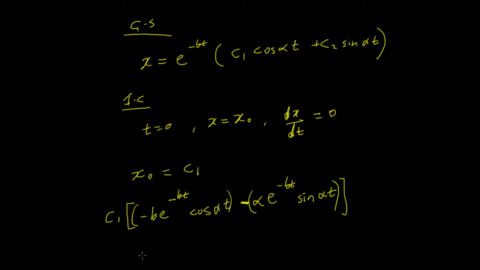We take our c2 out, and we're going to have again minus b e to the minus bt times sine alpha t.